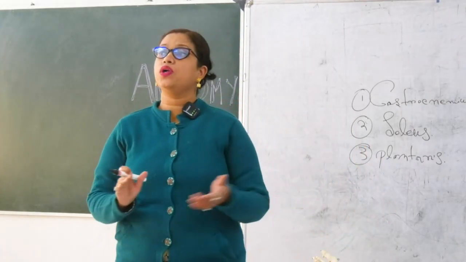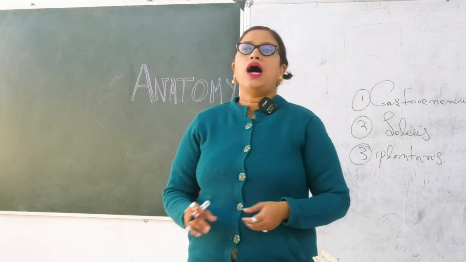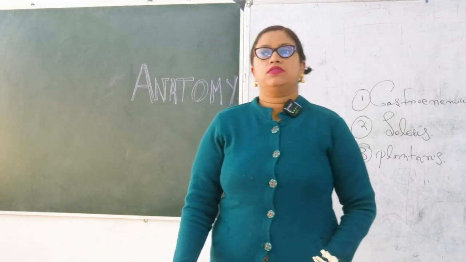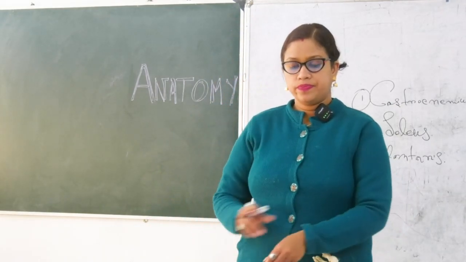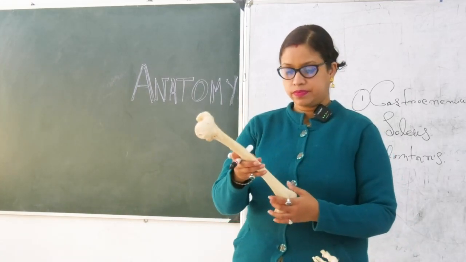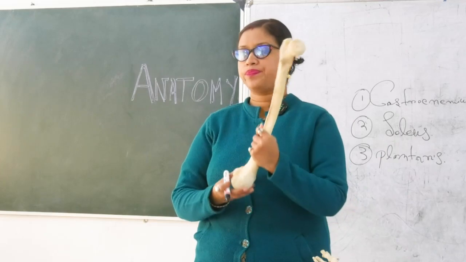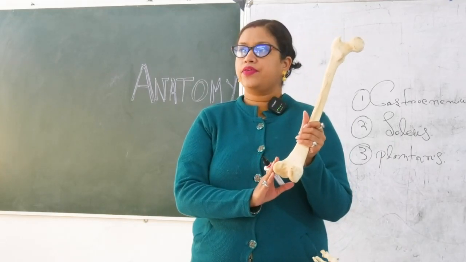The third muscle I told you about, write it down, is the plantaris. So how to identify the plantaris? At first tell me the origin. This is the medial condyle, this is the lateral condyle.